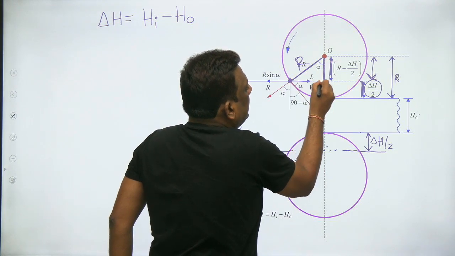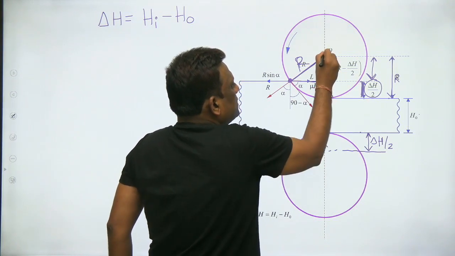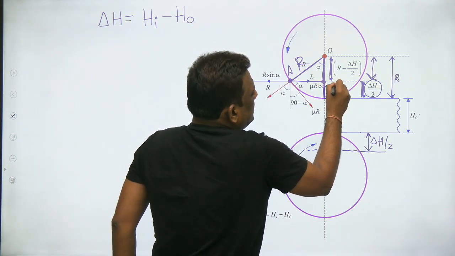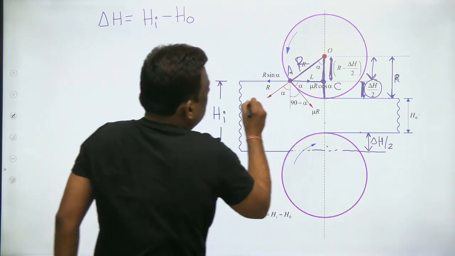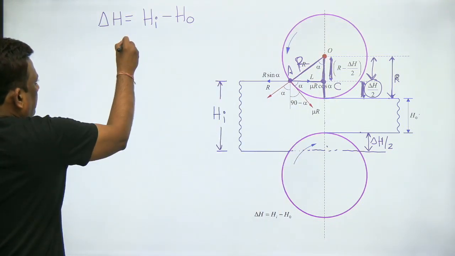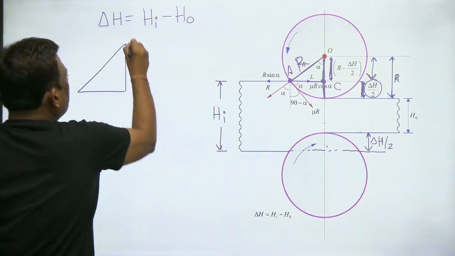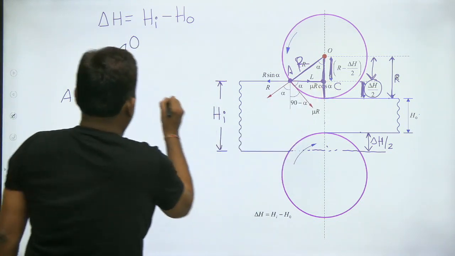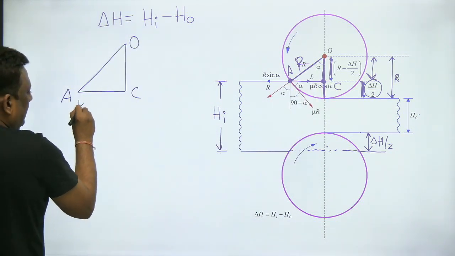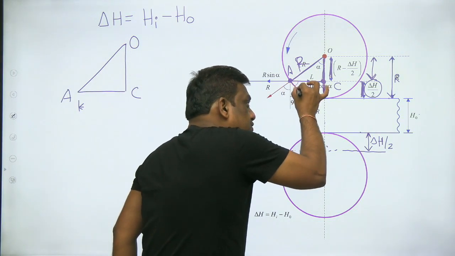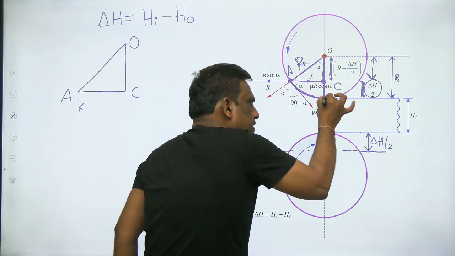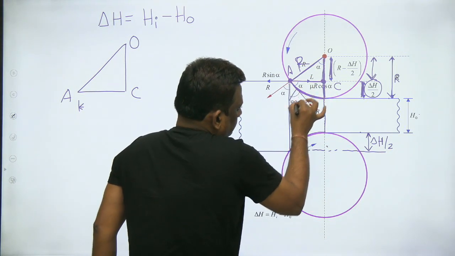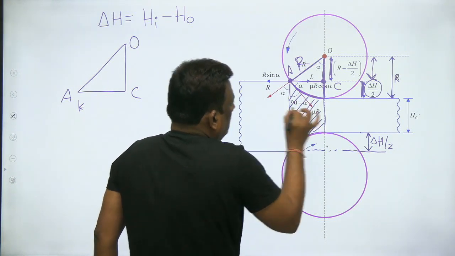So let us take this triangle. I'll label it O, A, C. This is O, this is A, and this is C. Please understand carefully, this is my deformed region.